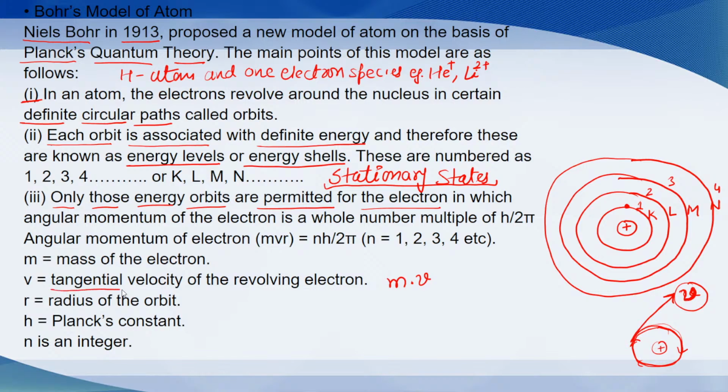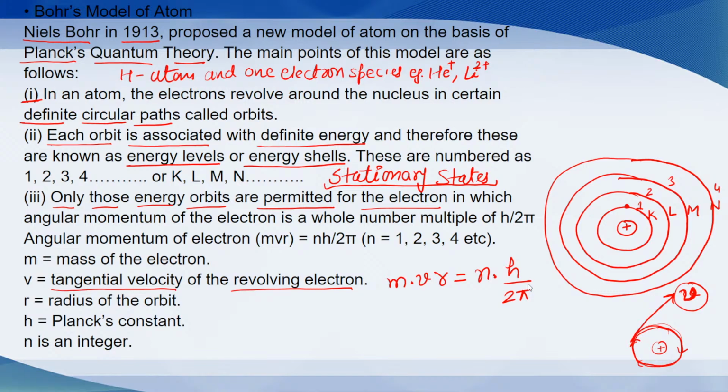The velocity attained by that particular thing is called tangential velocity. So mass into tangential velocity of the revolving electron into the radius of the orbit is called angular momentum, and that should be equal to an integral multiple of h upon 2 pi. H we have taken from E equal to h nu. What is that? Planck's quantum equation, you know.